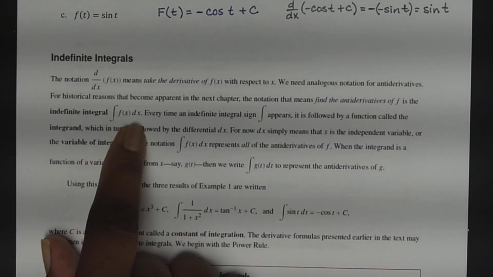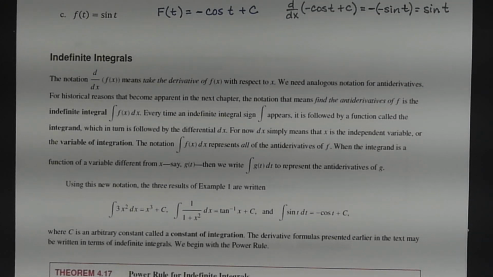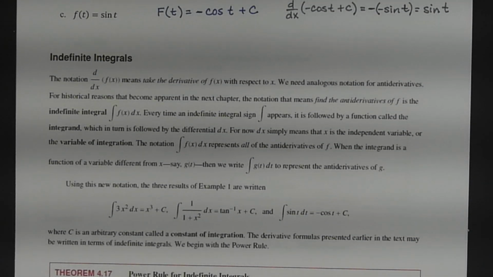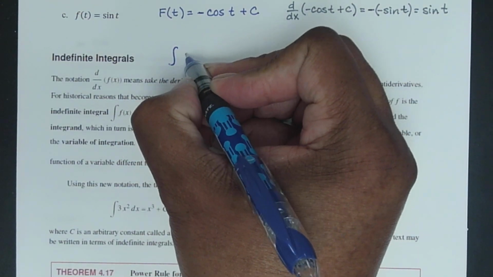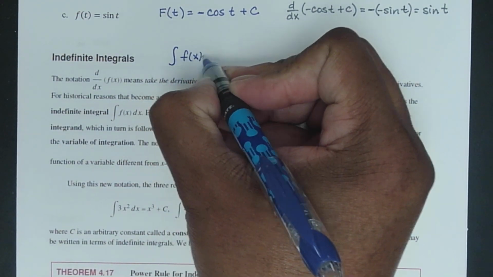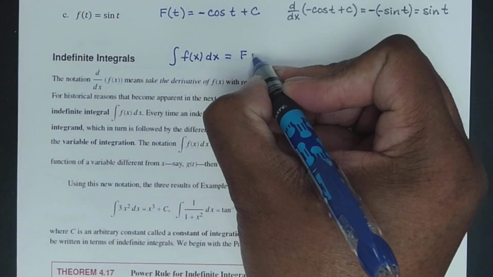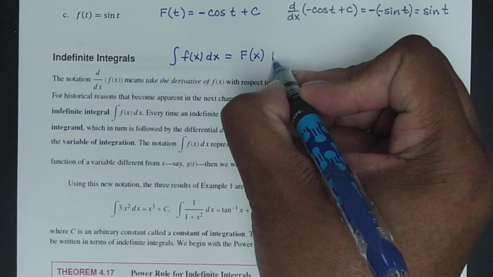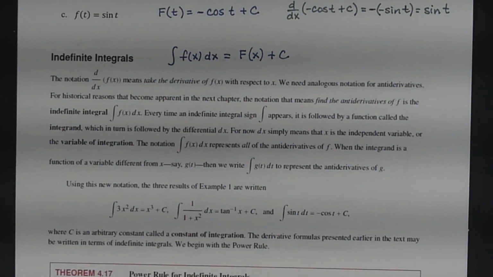That's this symbol. The notation of that would be, of course, the integral of f of x dx. That would be equal to capital F of x, and then plus the constant.